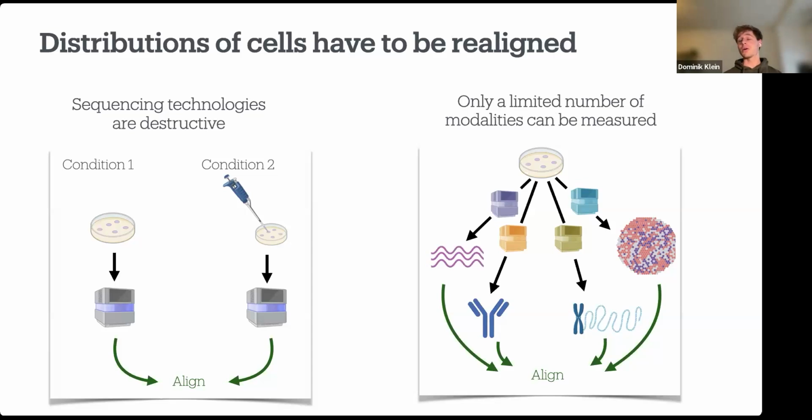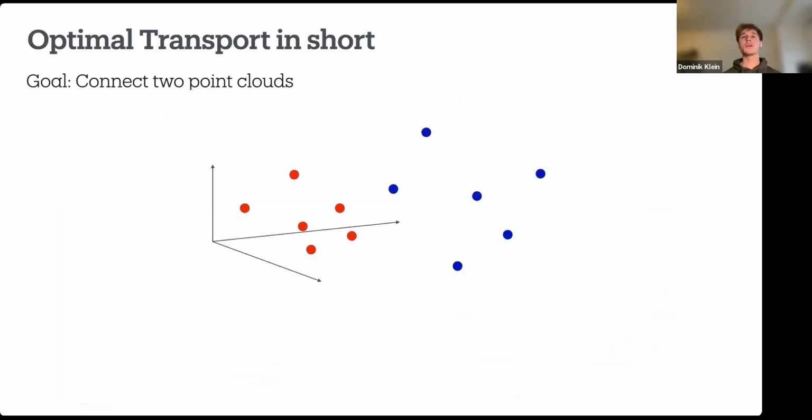And now there are obviously multiple ways to realign samples or to match distributions, but there's one geometric way which is probably the most natural one, which is optimal transport. And optimal transport is always concerned with aligning, mapping, matching, all sort of synonyms, distributions.